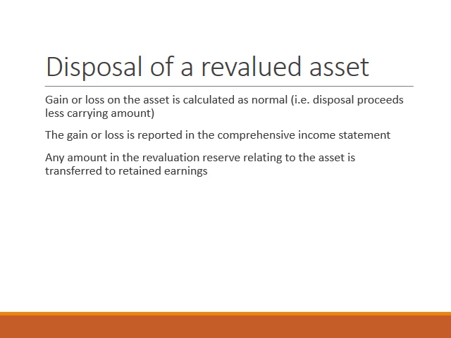But the one difference is that any amount in the revaluation reserve that relates to the asset that's been disposed of is then transferred to retained earnings. And that way, when a revalued asset is disposed of, any revaluation reserve relating to that asset is eliminated at the same time.